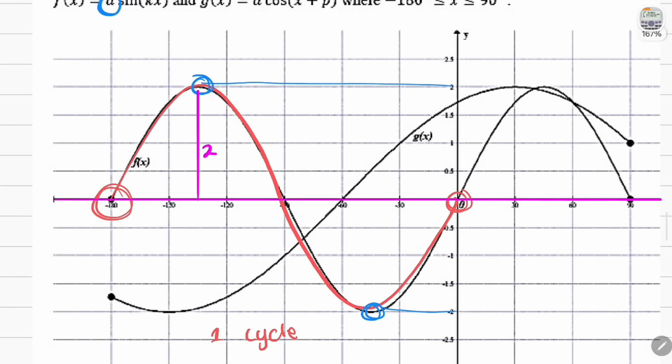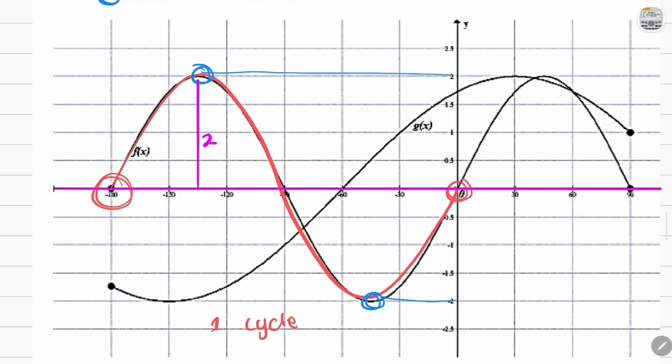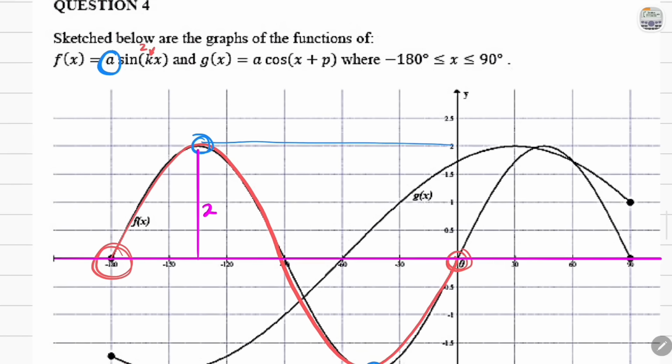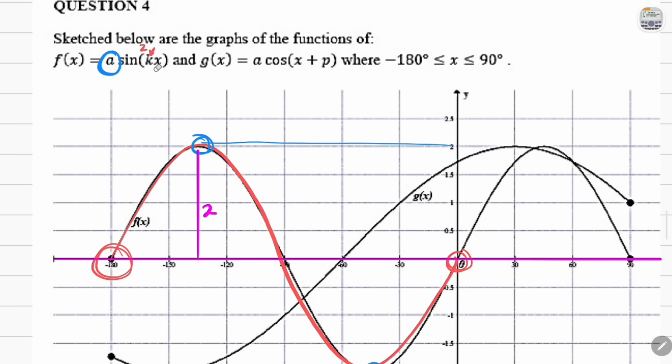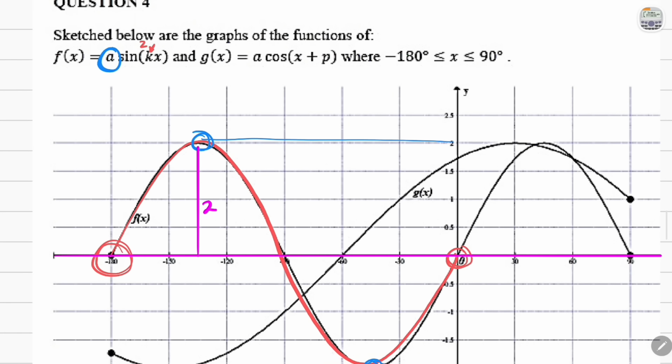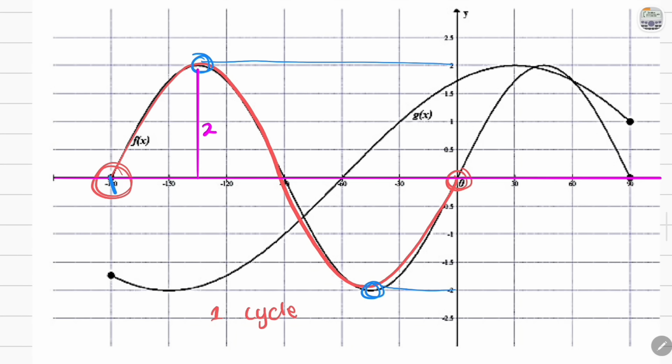And how you find out what it is is based on the shape that it creates, and whether there was a shift or not. I can see that there was no shift because nothing was added to x. I know that it went from negative 180 degrees all the way to 0 degrees, and that was one cycle, meaning it's still following its original shape. It's not as if it looks like this.